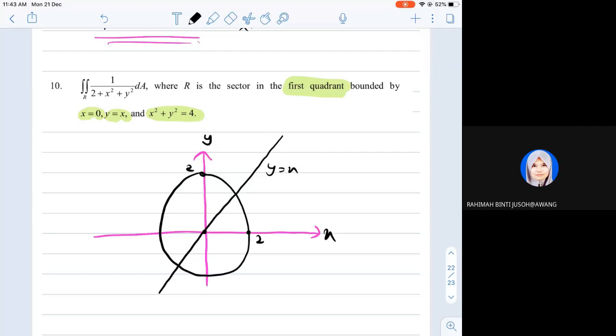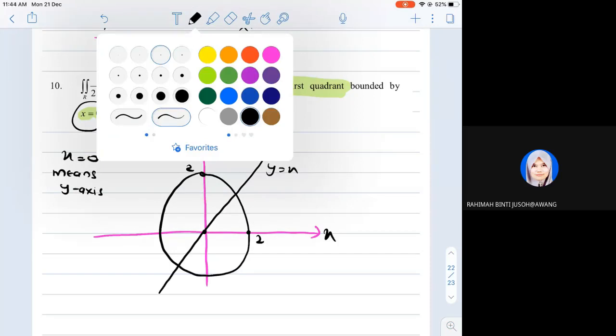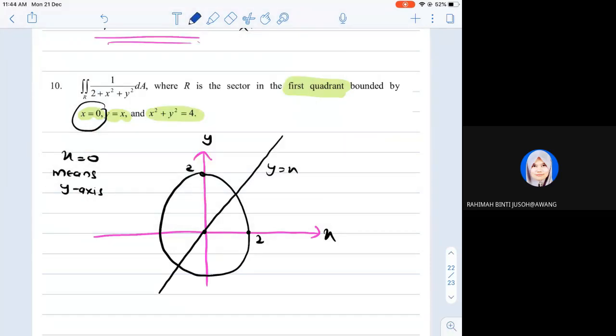Now, where is the line of x equals to 0, guys? X equals to 0 means what? Y-axis. Yes, y-axis. So we will have this line, the y-axis here. This is important so that you know where to shade.